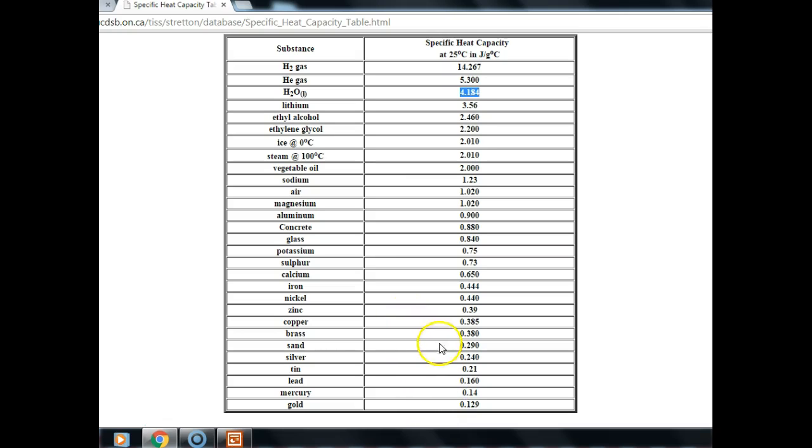If you look at something like sand down here, I know sand's not a metal, I'm just using it as an example. Copper, brass, even aluminum is 0.9. These are substances that warm up quite readily. They also cool down quite readily because they have such small specific heat capacities. They aren't able to withstand changes in temperature as easily, and so they are more effectively warmed and cooled by smaller inputs of energy.